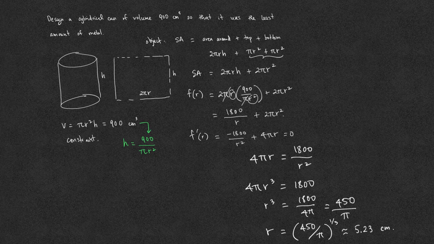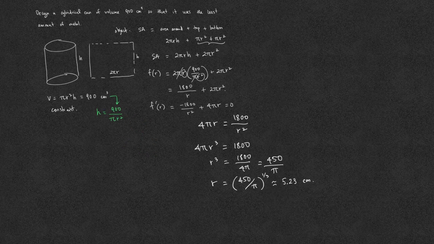We then need to calculate the height of this cylinder. The height in terms of r is 900 over pi r squared. This is 900 over pi times 450 over pi to the 1/3 squared, which is 2/3.